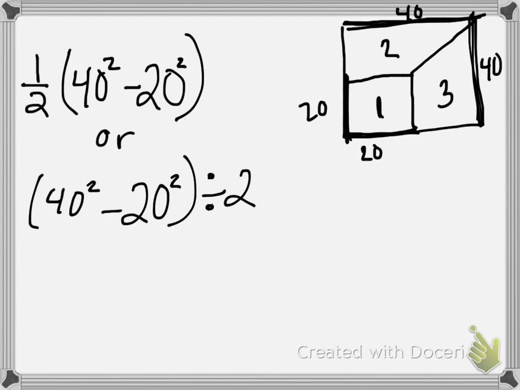Then they've taken the remaining and split it in half. So if we find the area of the entire space, we're just going to take 40 times 40, which is also known as 40 squared. Then we need to take away zone 1, which is the 20 times the 20, or 20 squared.